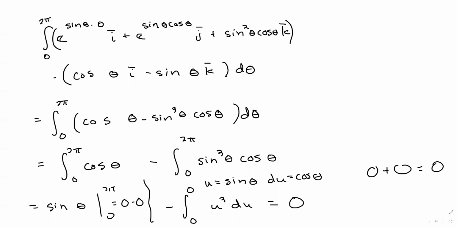All right. I did one more. We've got F equals e to the z i plus xy sine z j plus x cosine z k.